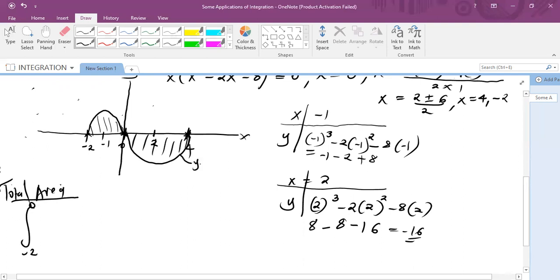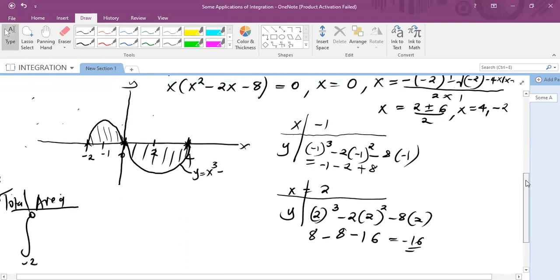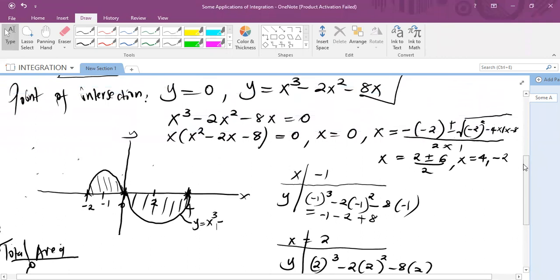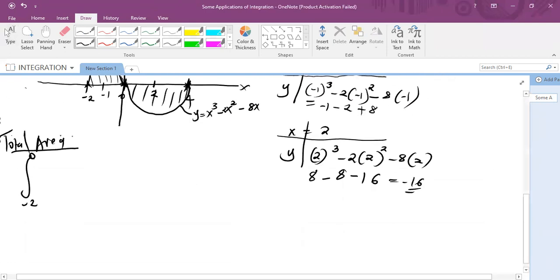The curve is y is equal to x cubed minus the curve that encloses it. So it's x cubed minus 2x squared minus 8x. Okay, fine. So integral from -2 to 0 of x cubed minus 2x squared minus 8x dx.